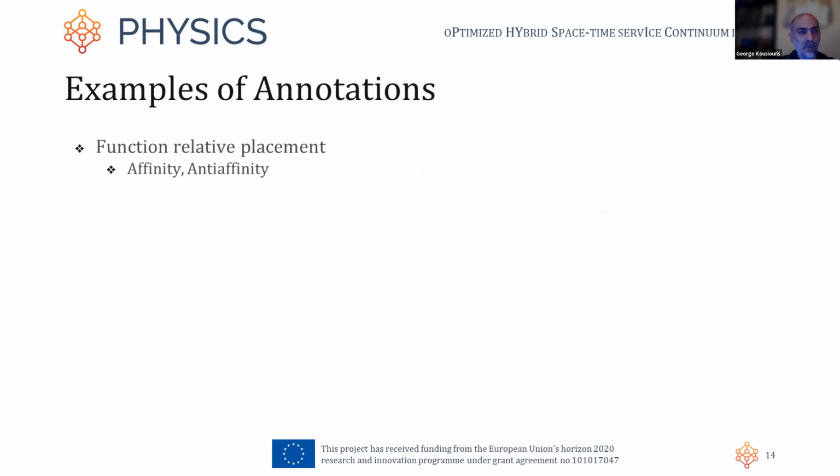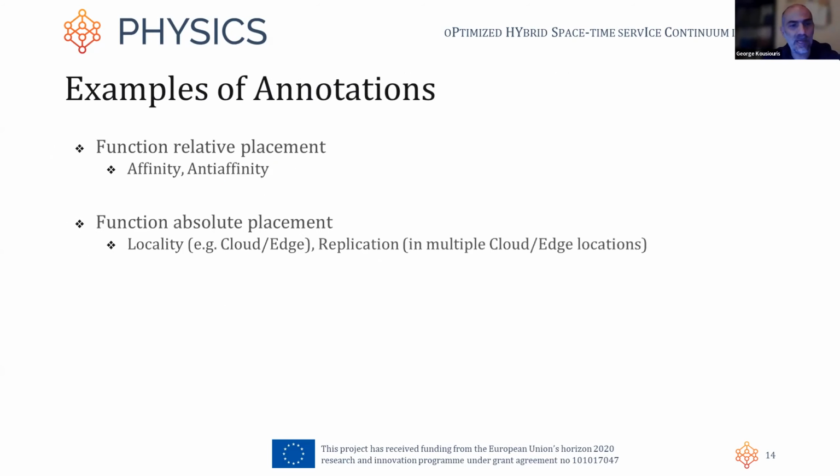Examples of annotations that we have initially included is whether you want to dictate some relative placement. So within a cluster that you have, if you want to define affinity or anti-affinity between flows or between functions. If you want some form of absolute placement, so if you have a set of available nodes, clusters at the edge or the cloud, and so on, if you want to specify for specific flows that they need to be at the edge, for example, or at the cloud.